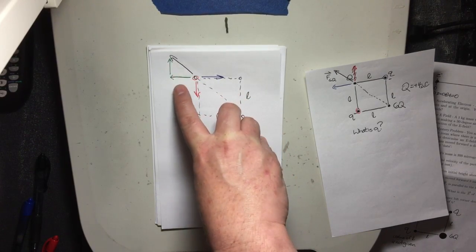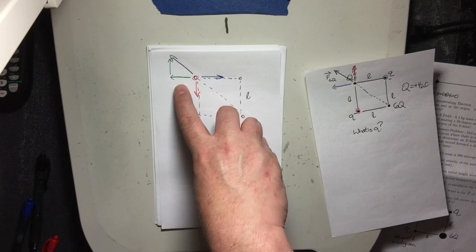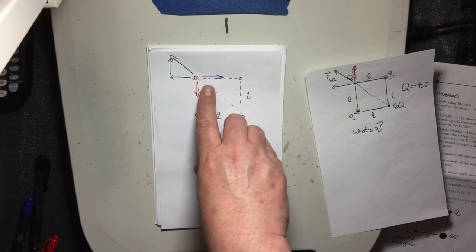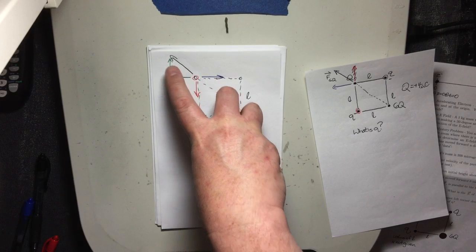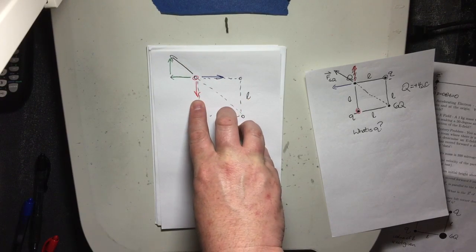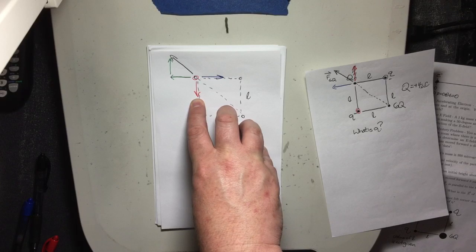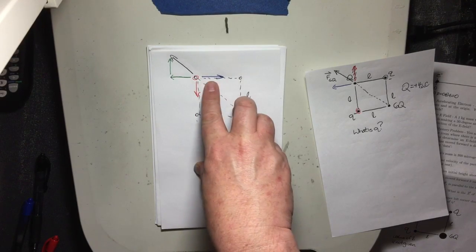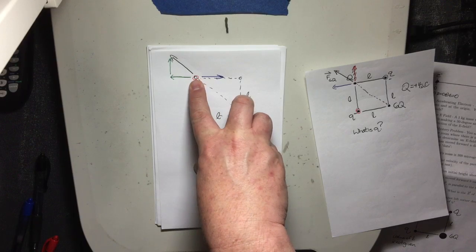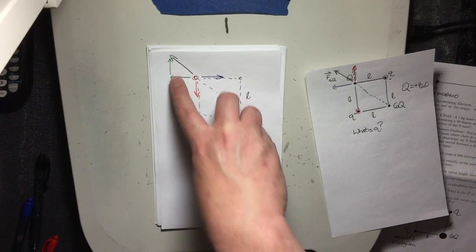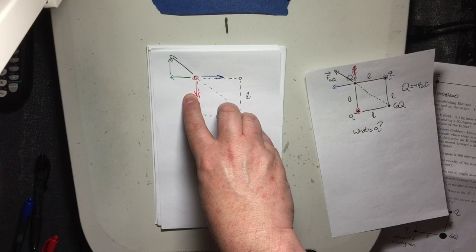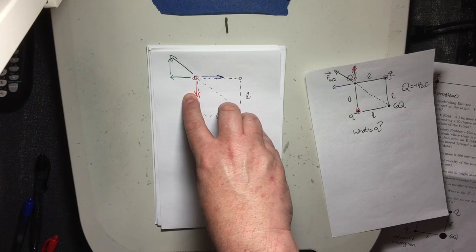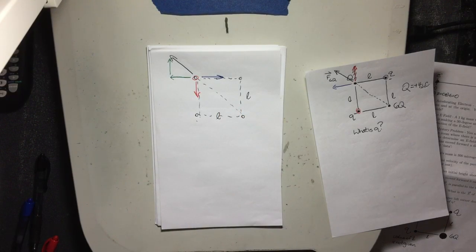It's vertical and it's horizontal. This force must cancel that force, and that force must cancel that force. Why? Because these two are the only ones in the horizontal, and it's not moving horizontally. These two are the only two vertically, and it's not moving vertically. So it has to all cancel out.